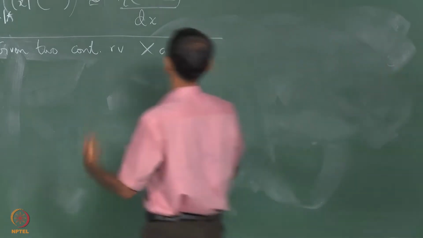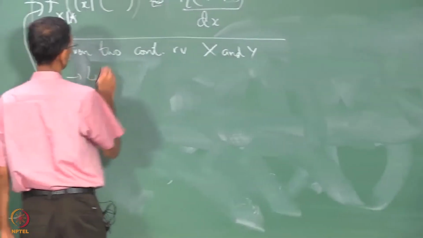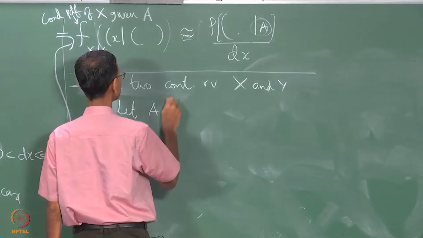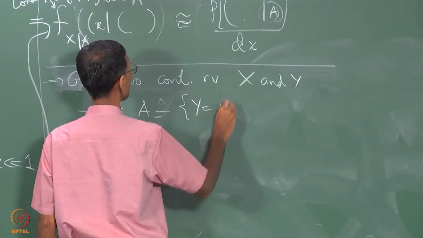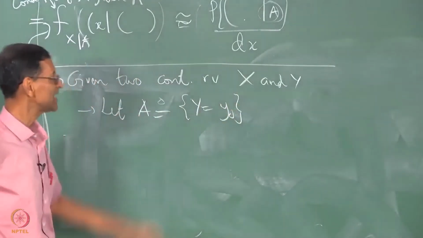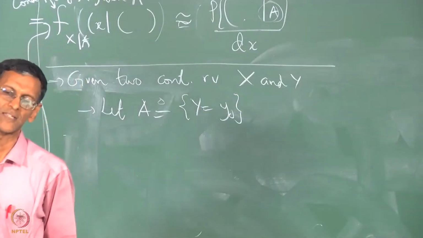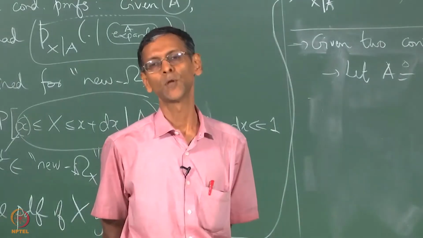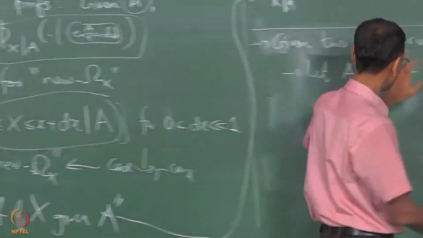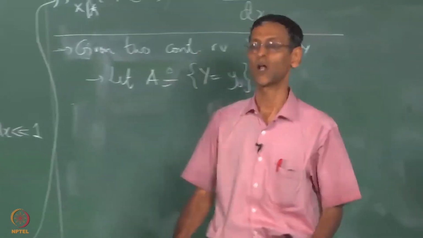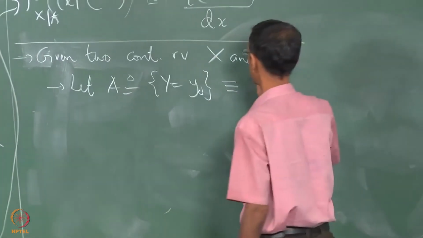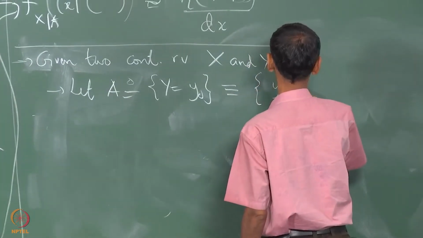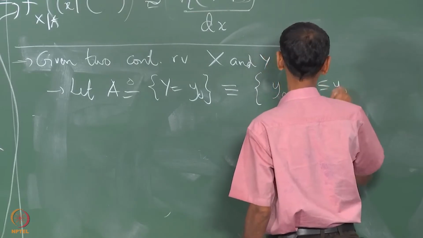So somebody makes a statement, so A be defined as Y equal to y0. And you might say, is this an event with non-zero probability? The answer is, well, it has vanishingly small probability, and this kind of conditioning always means to be interpreted as y0 less than Y less than y0 plus dy in some sense.